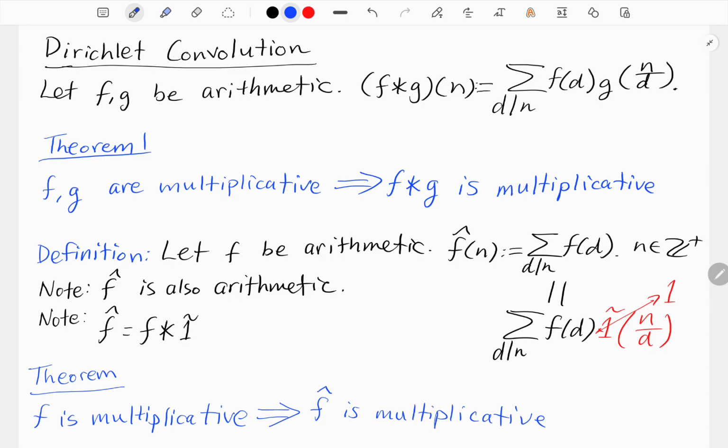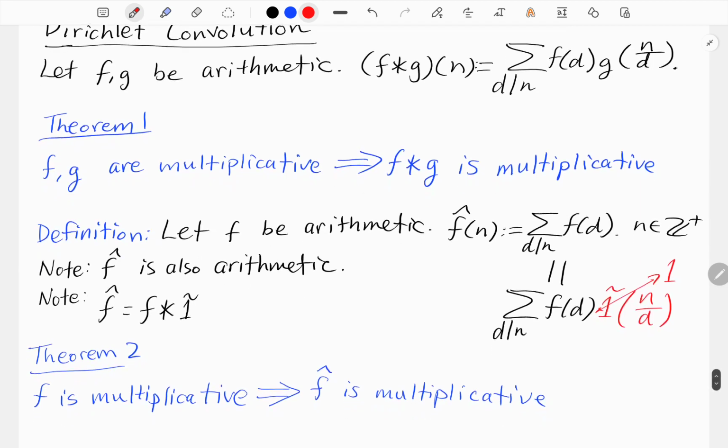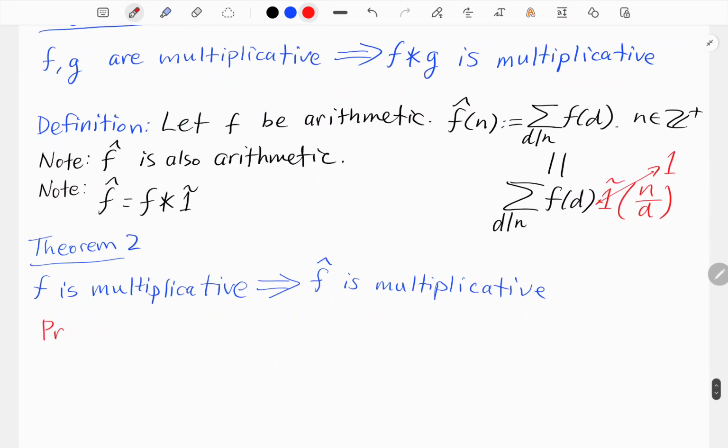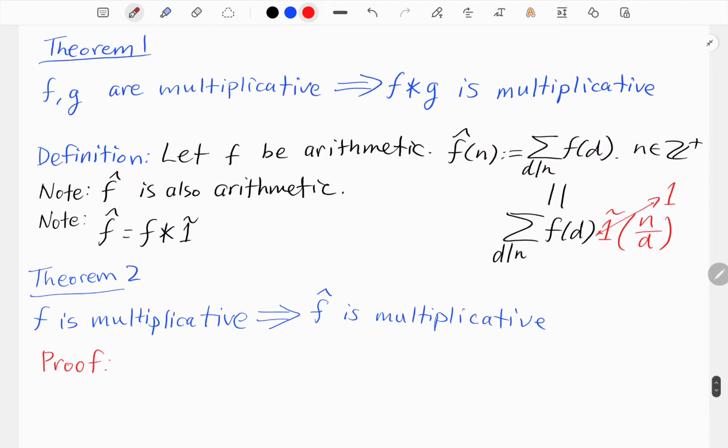Okay, I'll actually call this theorem 1 and theorem 2. The proof of this is not hard at all, because it basically just uses theorem 1 and the definition that I stated above.